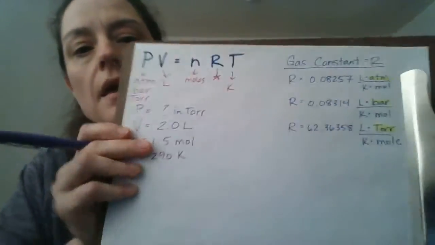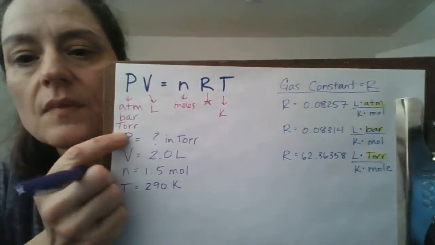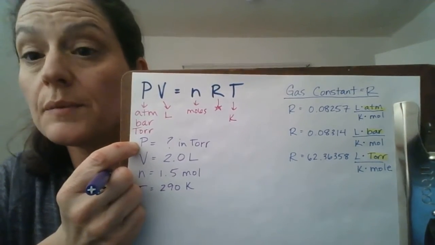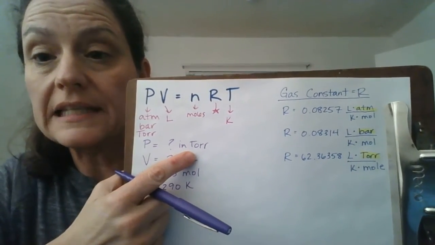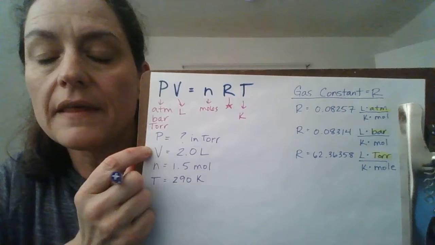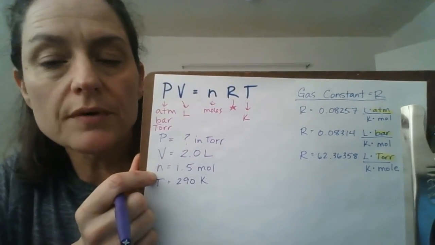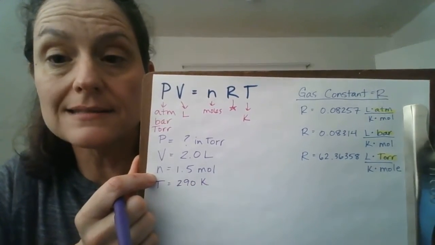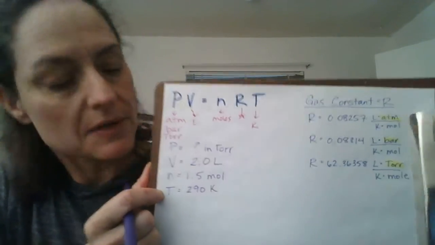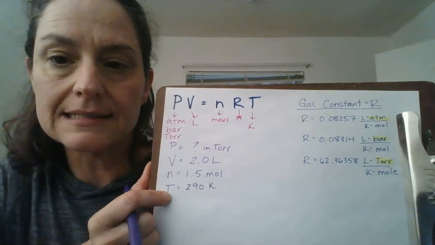So let's work out a problem. If I am given a balloon and I want to find the pressure, and I want to specifically find it in the units of torr, that balloon's volume is 2 liters. I have 1.5 moles of the gas inside the balloon, and the balloon is at 290 Kelvin.